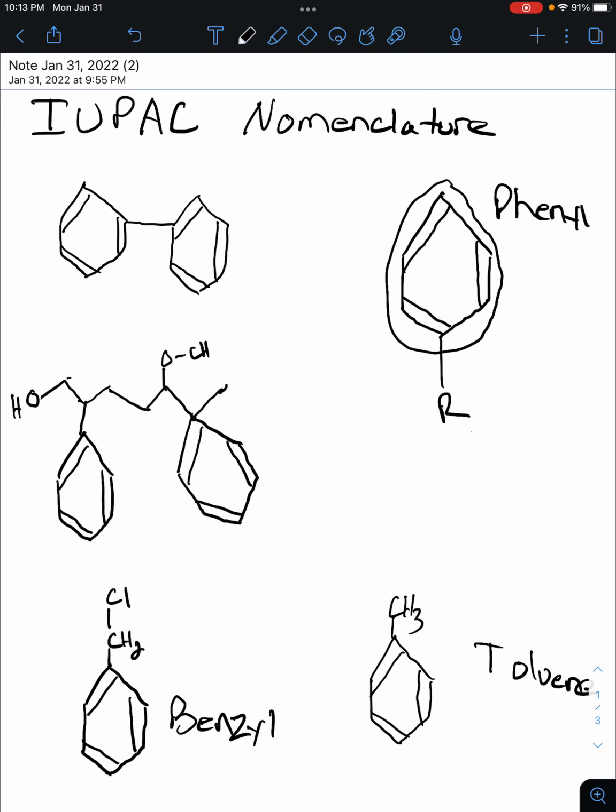So if you're going to name this compound here, you would name this diphenyl. Two benzene rings together. One is a substituent to the other, so it's no longer going to be a benzene. You wouldn't call this dibenzene. You would call it diphenyl.